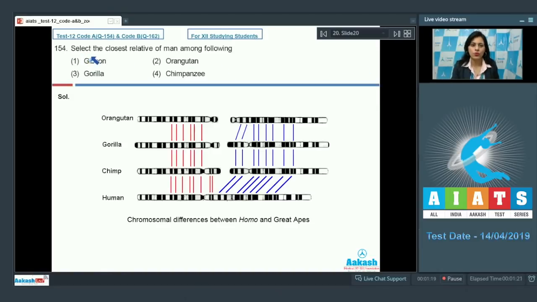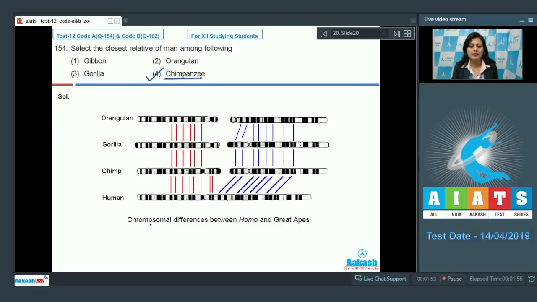Question number 154. Select the closest relative of man among following. And the options are gibbon, orangutan, gorilla and chimpanzee. And the correct answer to this question is option number 4, chimpanzee, because the banding pattern of chromosome 3 and 6 in human and chimpanzees show remarkable similarities.